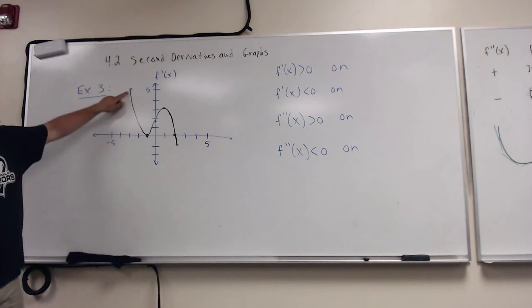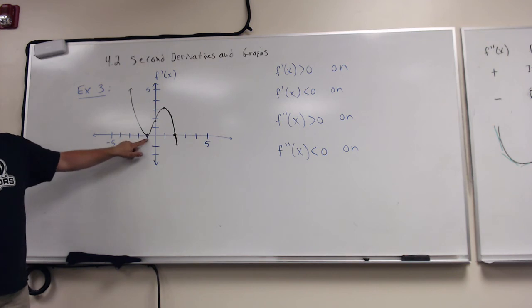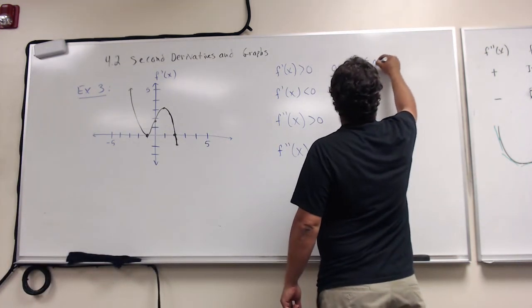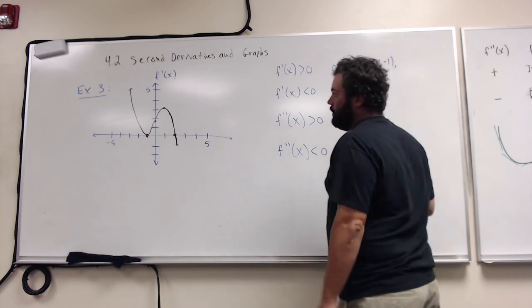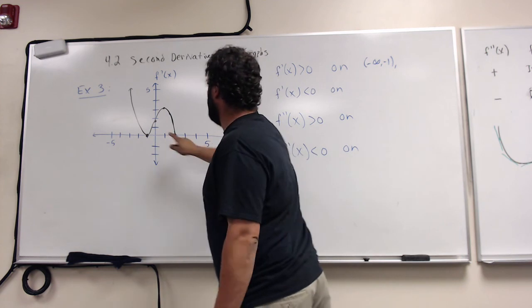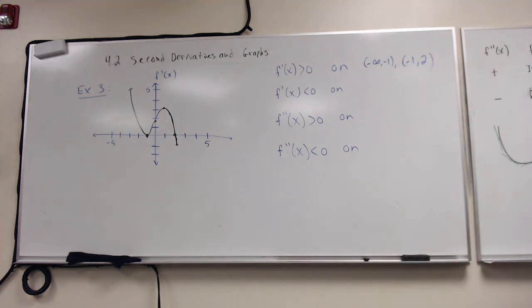So to me it looks like you're above the x-axis from minus infinity to negative 1, and then from minus 1 to positive 2. At minus 1, the derivative is exactly 0.